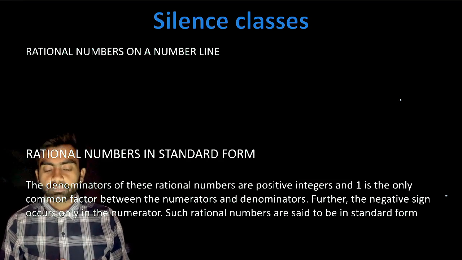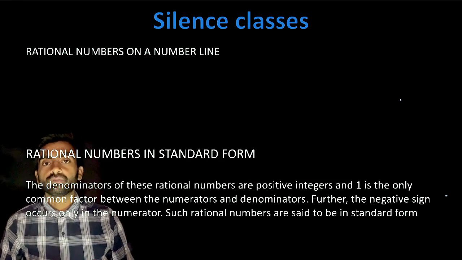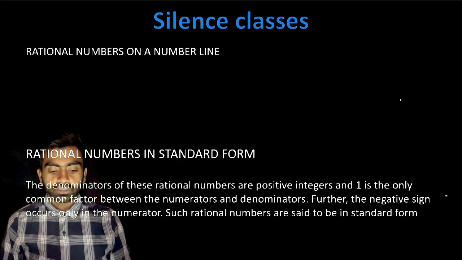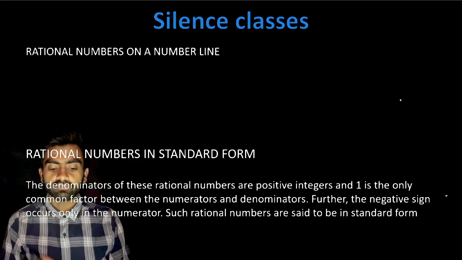Now, rational numbers in standard form. What is the standard form exactly? Standard form means the fraction is in the smallest form. The denominator of these rational numbers is a positive integer, and 1 is the only common factor between the numerator and the denominator. Why?